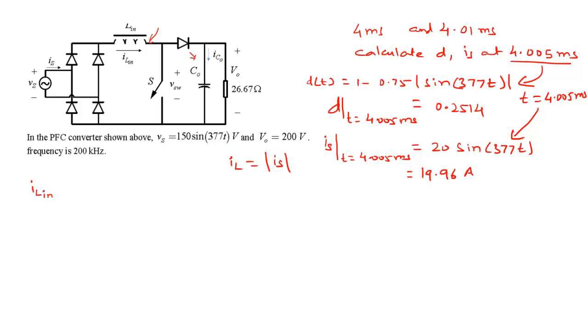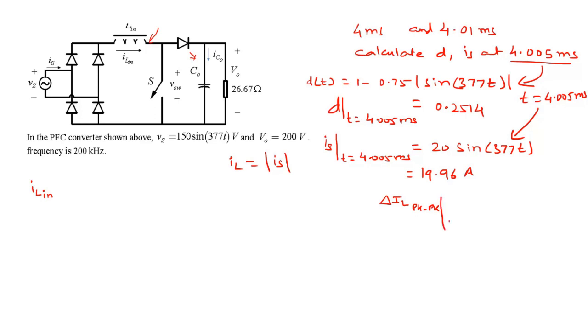In fact, you need another expression, the delta IL, peak to peak. Now this is no longer a constant, unlike in the DC-DC converters. Here, the peak to peak ripple varies along the sine wave.